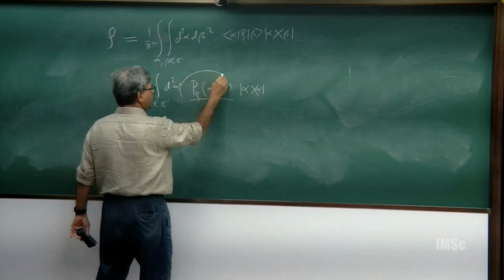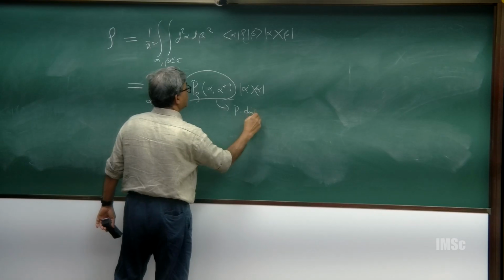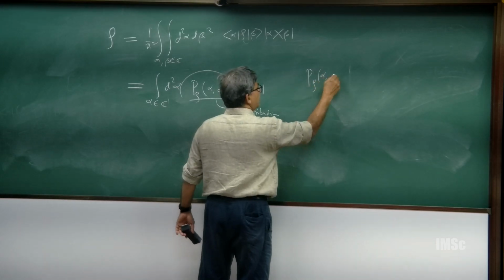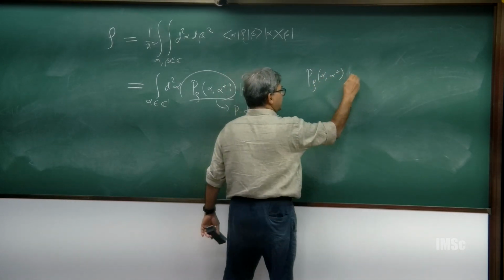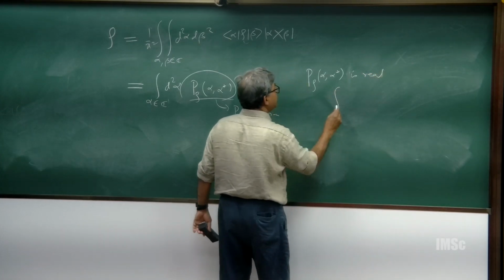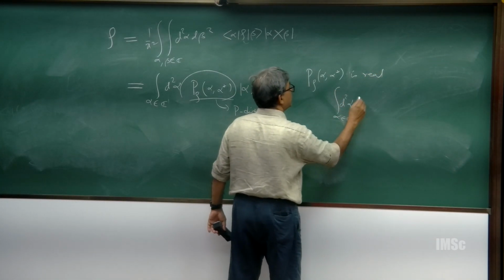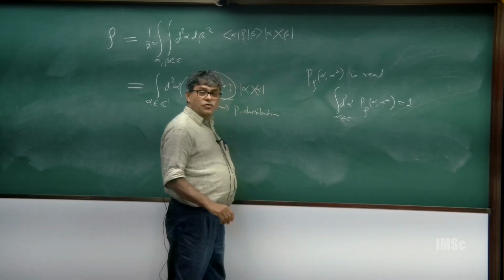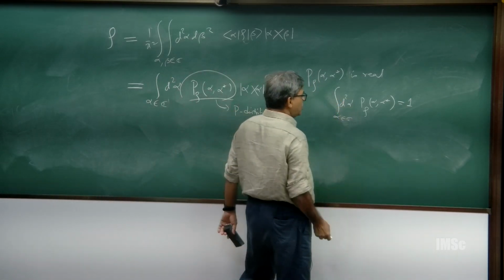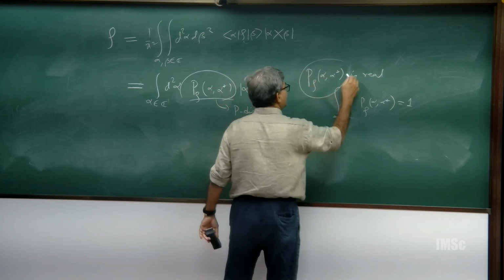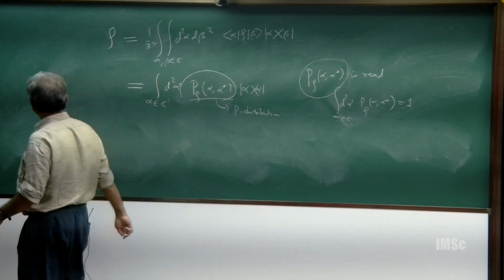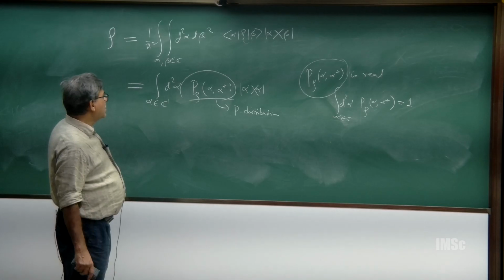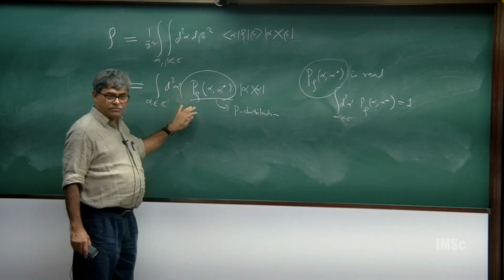So, this is what is known as the P distribution, in the sense that P_rho(alpha, alpha star) is real, and if you integrate P_rho(alpha, alpha star) over the complex plane, this is equal to 1. So, it is not true that this is always non-negative, it is real. This is why we say that this is a quasi probability distribution function, not exactly a probability distribution function. Okay. So, the question is how does one get from here to here?